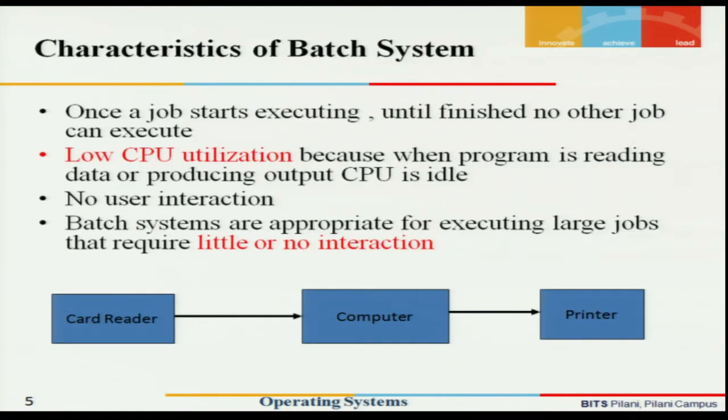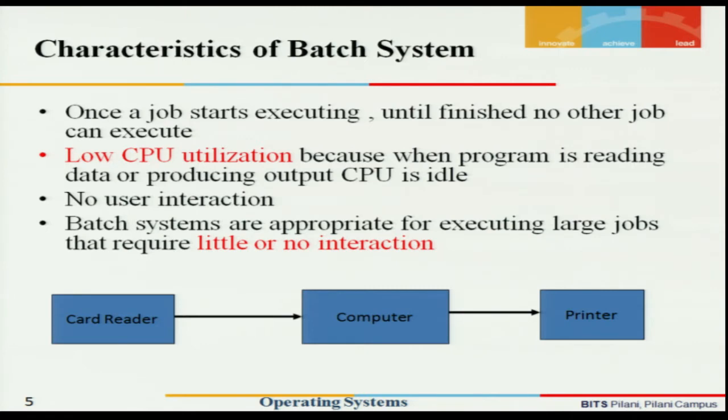Certain characteristics of a batch system. Once a particular job starts executing, unless this job completes, no other job can execute. This was one of the restrictions. So if a program executes, and after executing for a while it makes a request for a data read, while the data is being read from the card, it is possible that during that period of time the CPU is not being utilized.